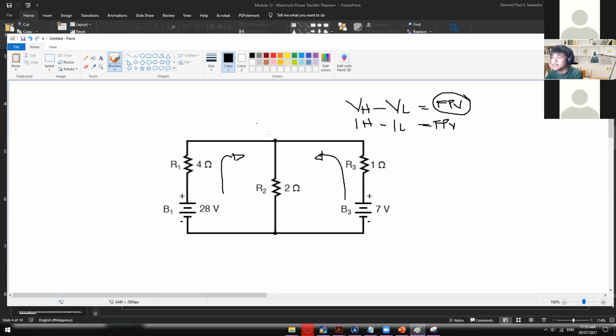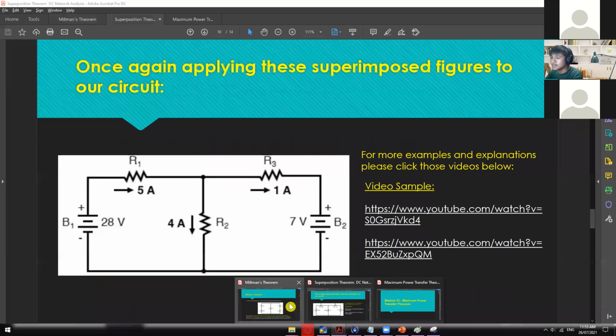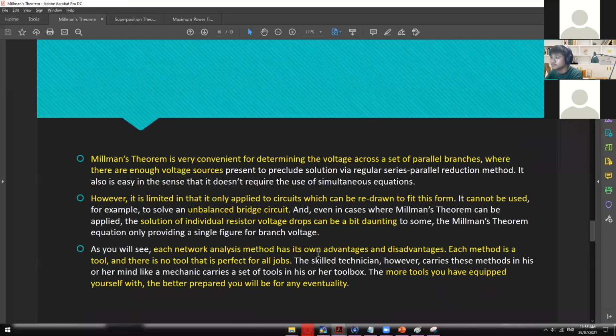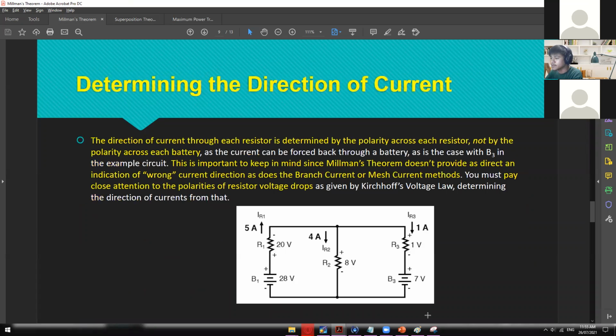So parang mangyari niyan, the value of this one will be deducted on this 28 volts right here. Okay, so that is why we have this flow of current right here and then flow of current right here, which is now the same with this one. Okay, 5 amps, 4 amps, and then 1 amp.